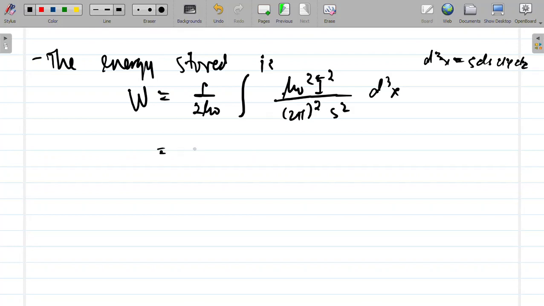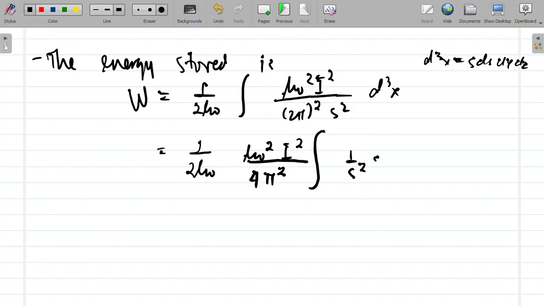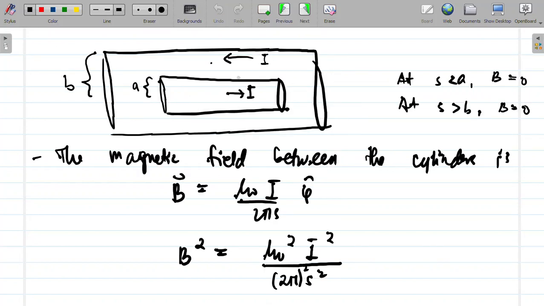So, all of these are constants, so I take them out: 1 over 2 mu naught squared I squared over 4 pi squared. Then the integral of s first: 1 over s squared SDS from A to B, because the magnetic field exists only from s equals A to s equals B.